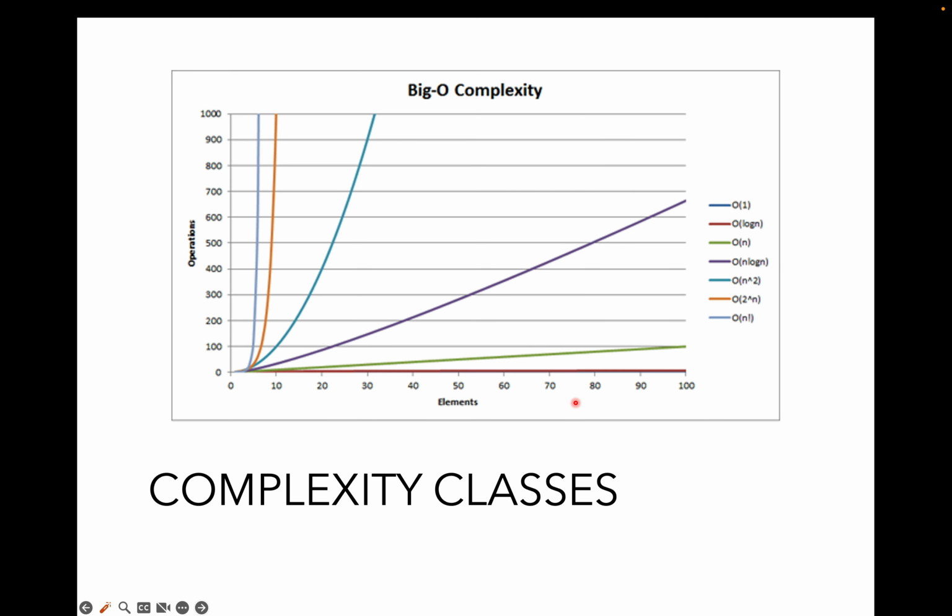These things are so different that when graphing them, I don't know if you can tell, O of 1 completely disappears because it's just a straight line. I just put it with no constant. The O of log n looks like a straight line because it's that small in comparison. You see O of n is in green here.